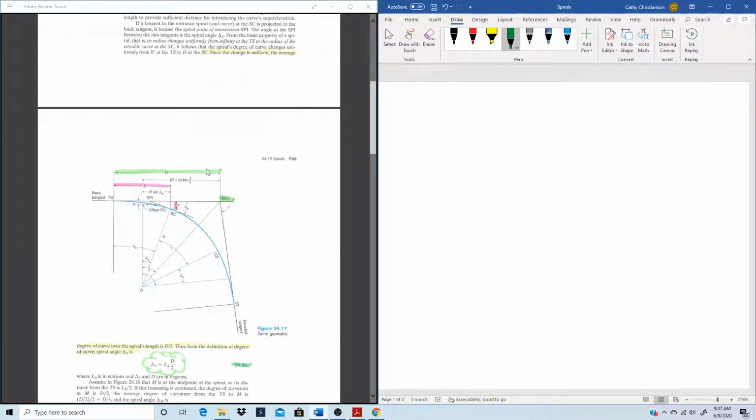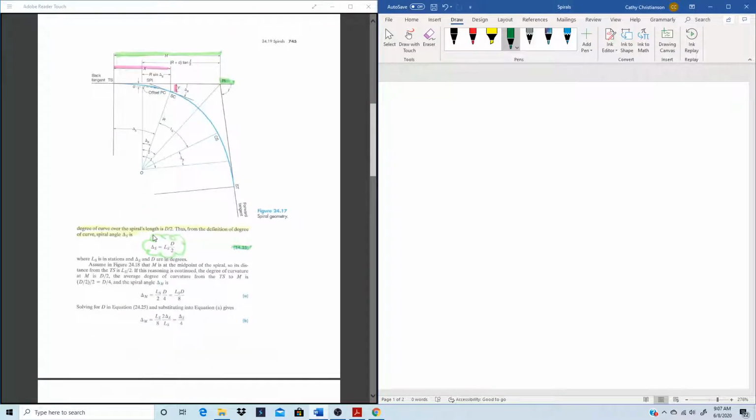We need to solve for H. And so typically we've got an equation for X, an equation for Y. We'll be able to solve for H. We'll be able to solve for what that distance is to subtract to get our TS station. Alright, so theta S is right here, and we're going to need that a little later on. So I highlighted that one in green.